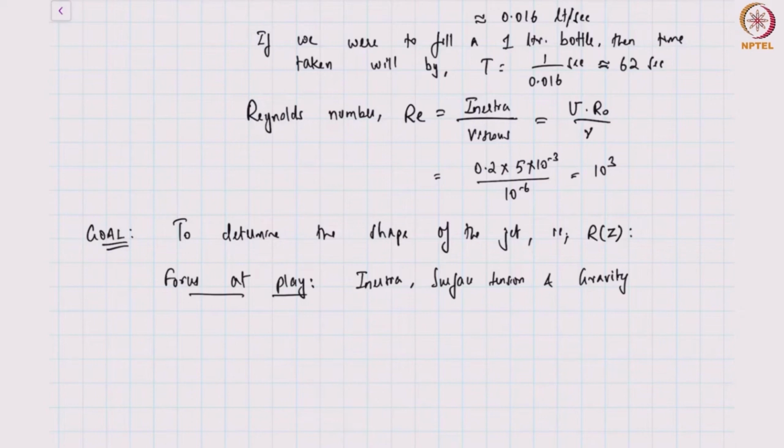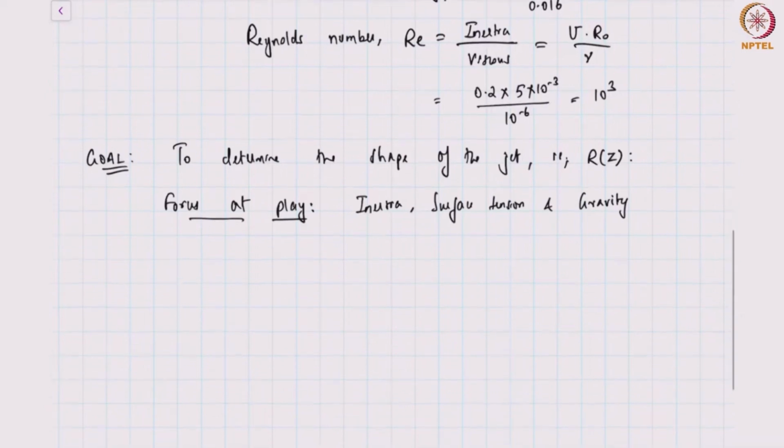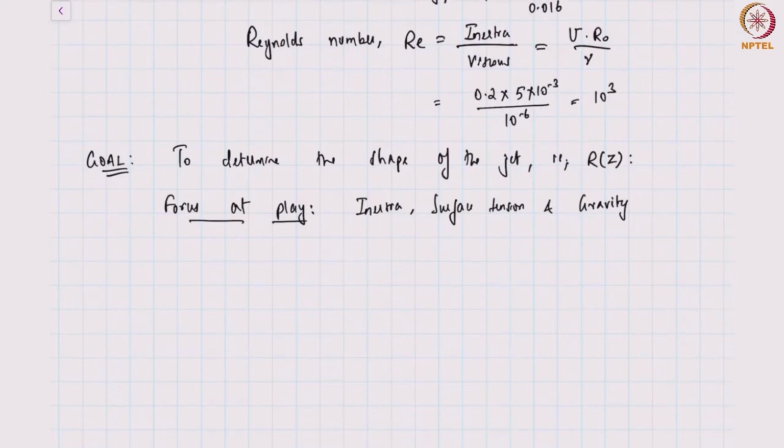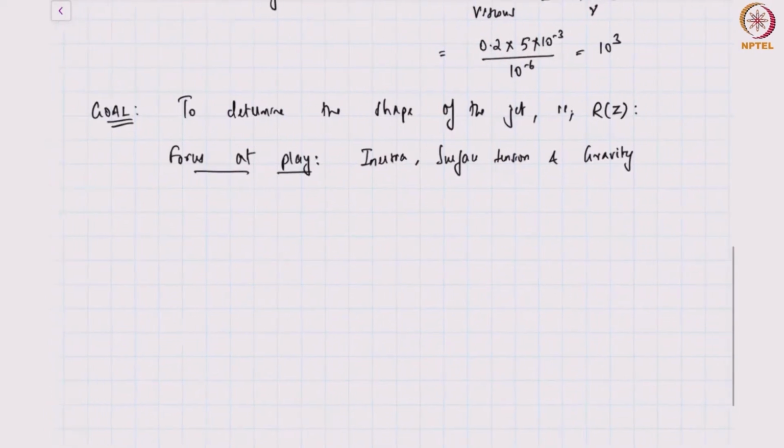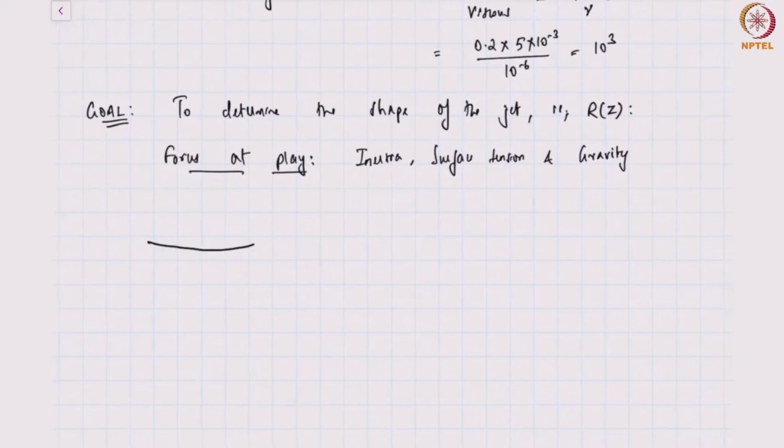We will see how these non-dimensional groups naturally emerge in the analysis. I can think of a non-dimensional group from an inertia to surface tension balance, or a non-dimensional group involving a balance of inertia to gravity. And since viscous forces are not present, we can apply Bernoulli's equation. So how do we do this? Let's consider a small control section or a control volume. So here's my jet.